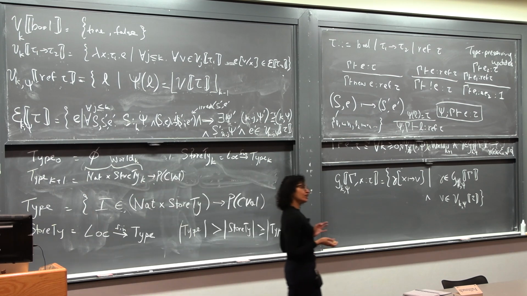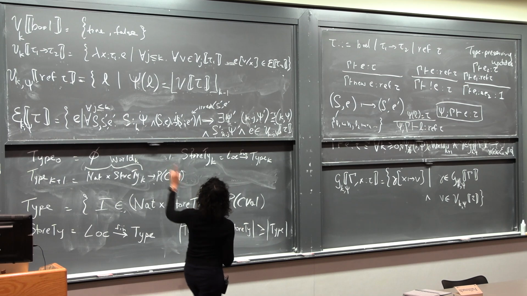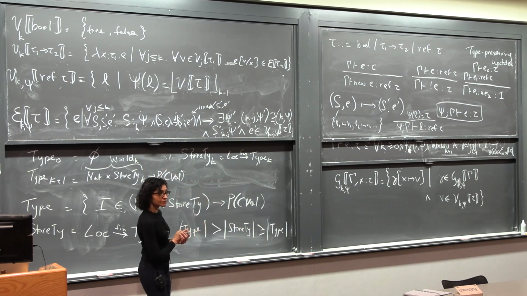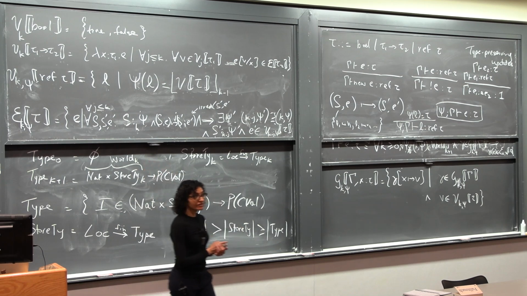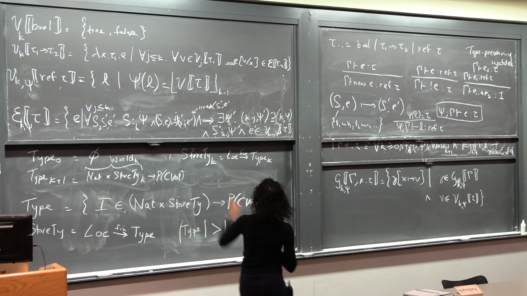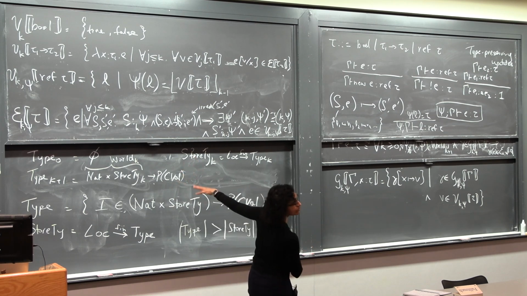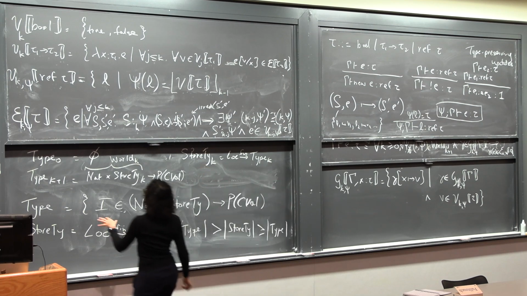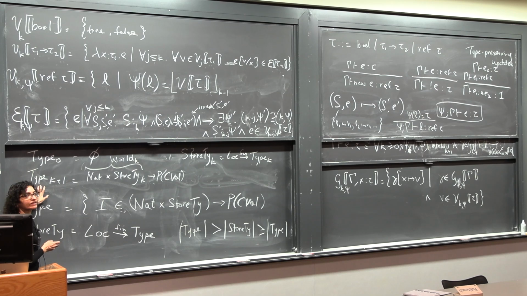Basically, at the end of the day, after you write down all of your v tau relations, technically speaking, one of the things you should show is that every single v tau indexed by k and psi that you defined belongs to TYPE at the appropriate level.